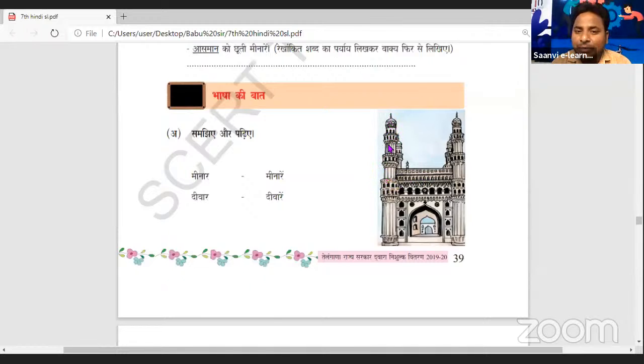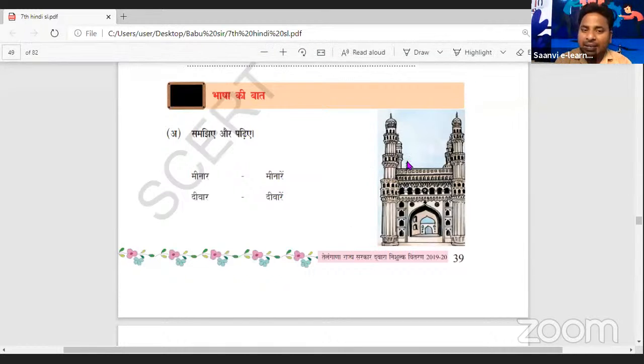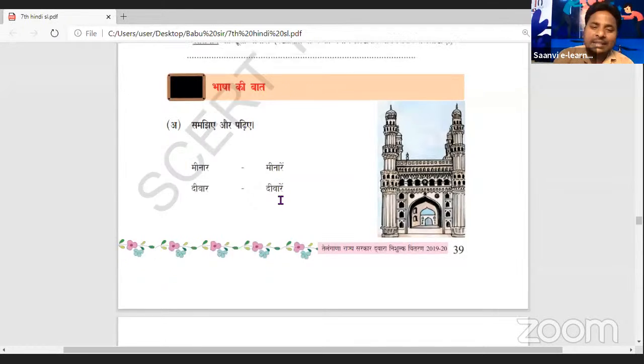When we are going to discuss only one pole, that's called singular. So here one minar, but here there are 4 minars. So minar, minare. Diwar means wall, diwaren, walls. Okay, like that.